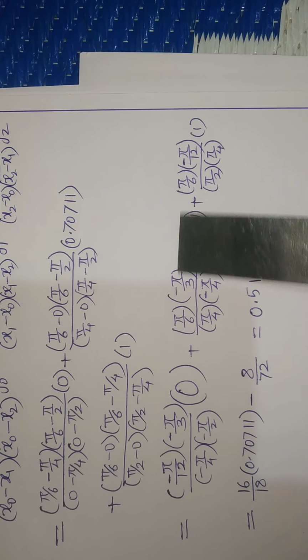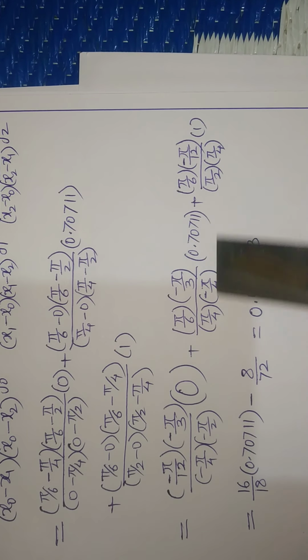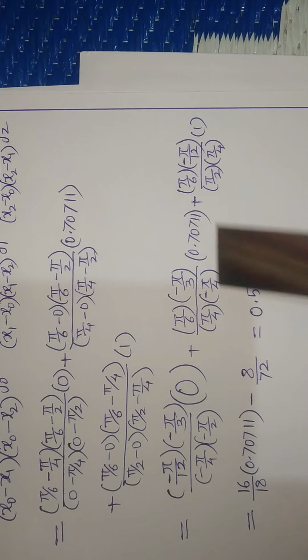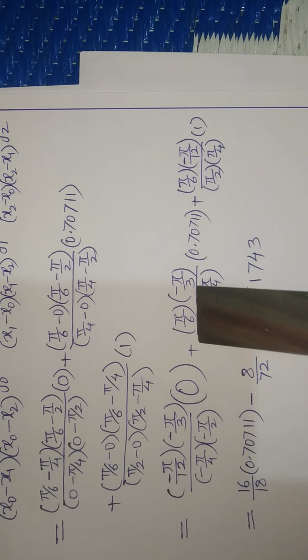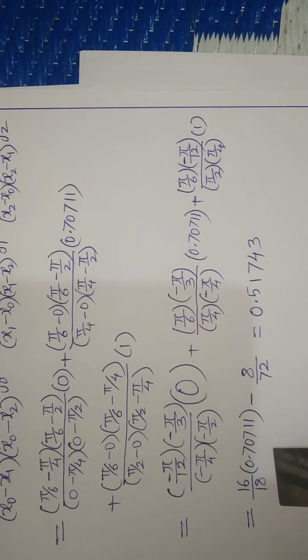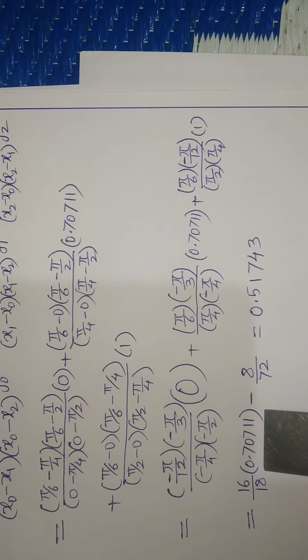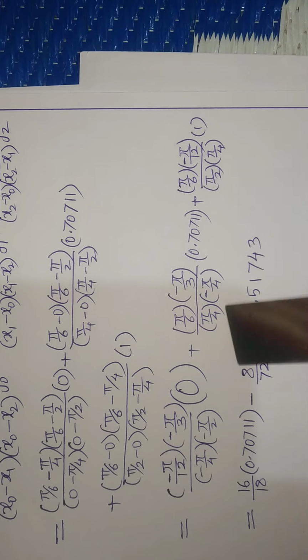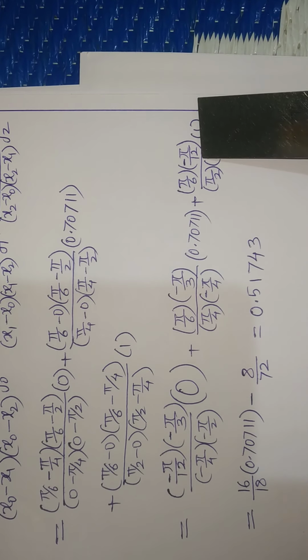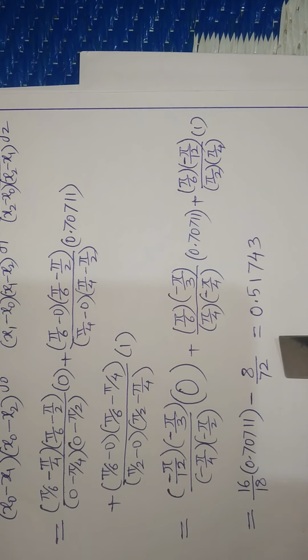In the numerator you will have pi square, here also you are having pi square, so they get cancelled, and by the law of multiplication what you are getting is 4 4s are 16 in the numerator and 6 3s are 18 in the denominator and multiplied by this functional value. Minus, here also the same thing happens, 2 4s are 8 goes in the numerator, 6 12s are 72 is in the denominator, there is a minus sign, and the final answer comes out to be 0.51743.